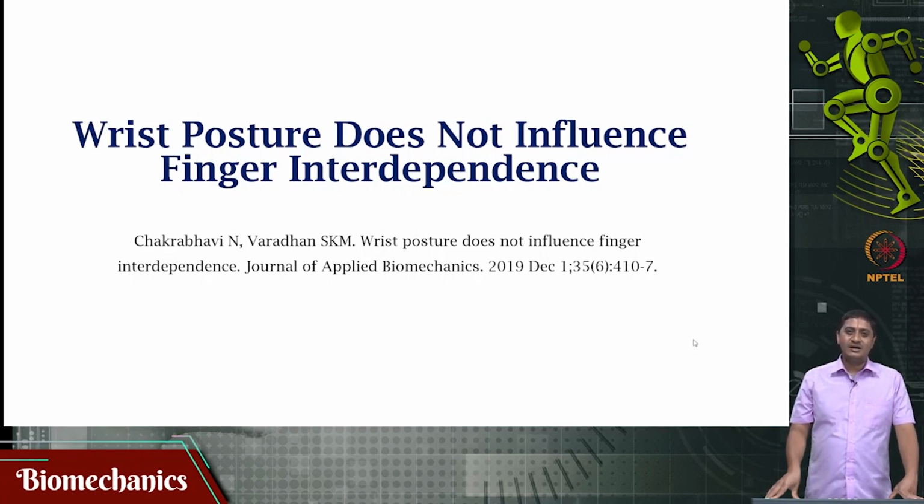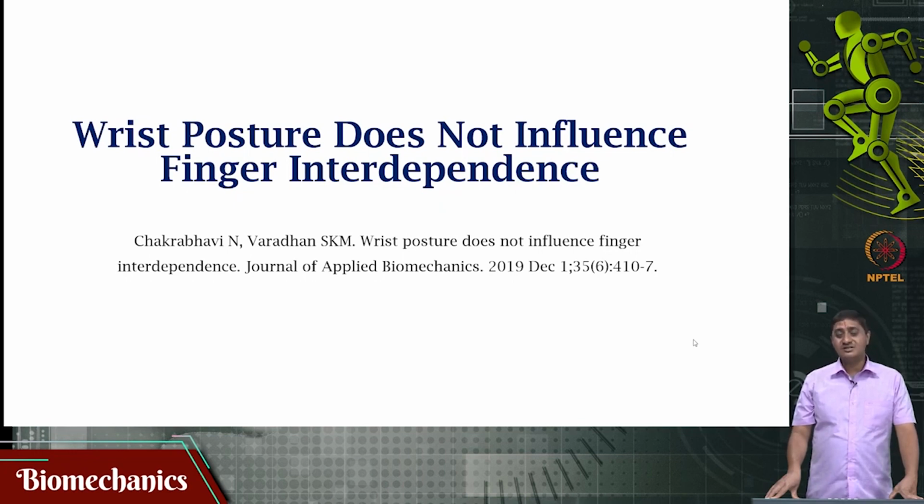We have been looking at finger enslavement, how finger enslavement may or may not change as a function of wrist posture. In the previous videos, we looked at the background for this study on wrist posture and finger interaction or finger interdependence.